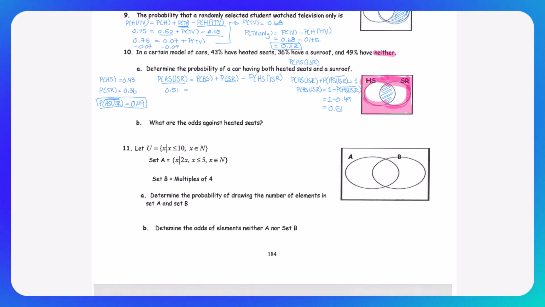So now that we have that, we can go back over here, fill it in, simplify, and isolate. So we have HS is 0.43, SR, sunroof, 0.36, minus that both, and keep going. 0.43 and 0.36, that gives us 0.79.